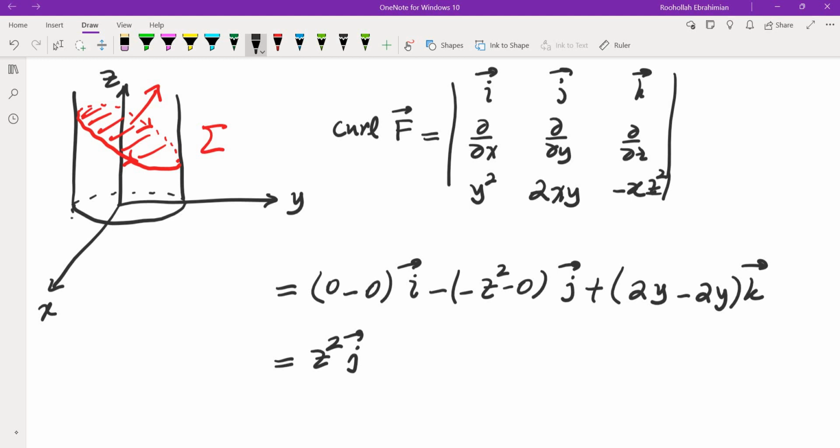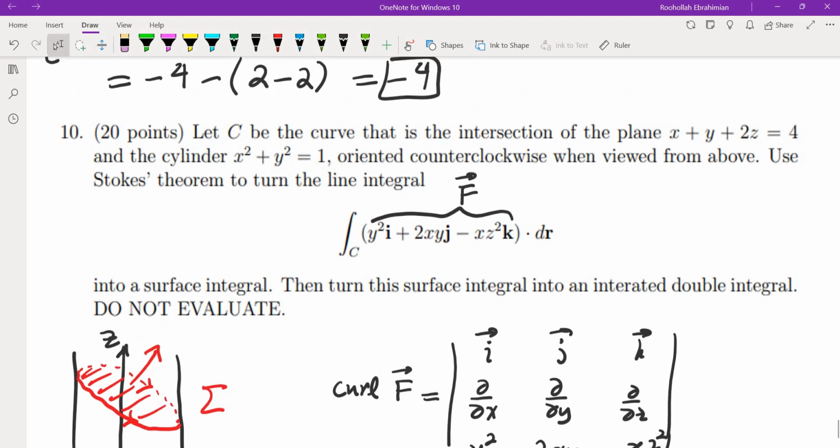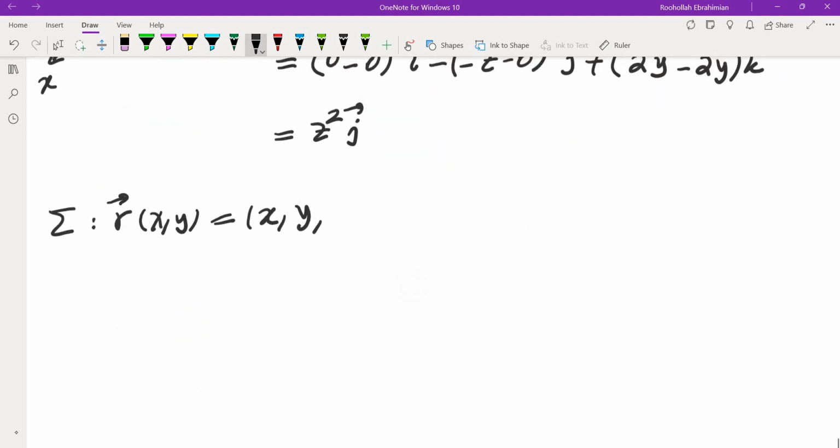Next, we have to look at the orientation and parameterize. So this is r of x, y equals x comma y, and then we look at the parameterization. We look at the equation that they gave us: z equals 2 minus (x plus y) over 2.